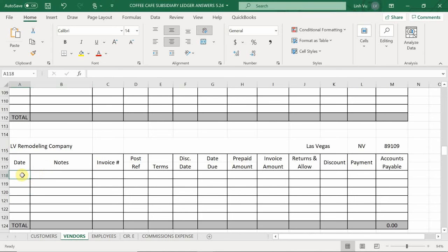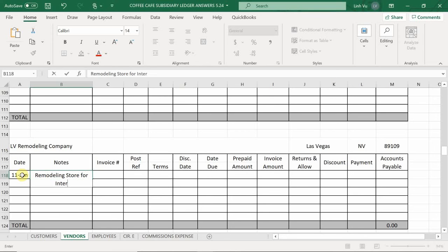All right, 6/11. We received a bill for remodeling, or I guess remodeling store, for interior design.